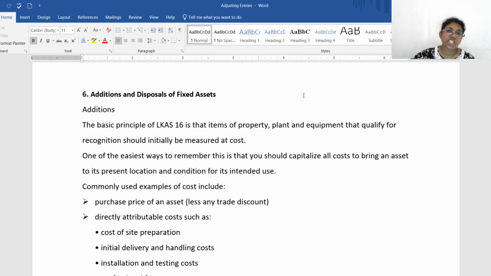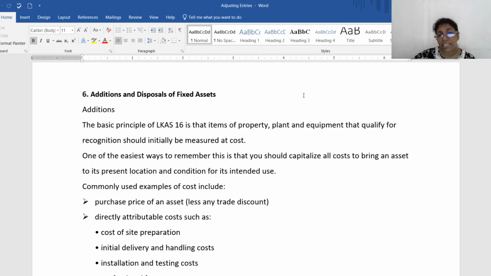The initial measurement cost is not only the purchasing cost. It comes as the purchasing cost summed with some additional costs, as also provided here. Normally this cost has to be capitalized and added to the asset value.